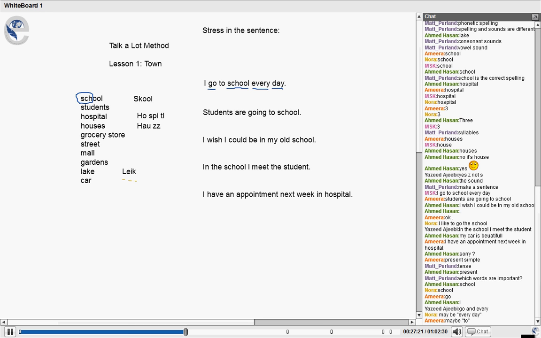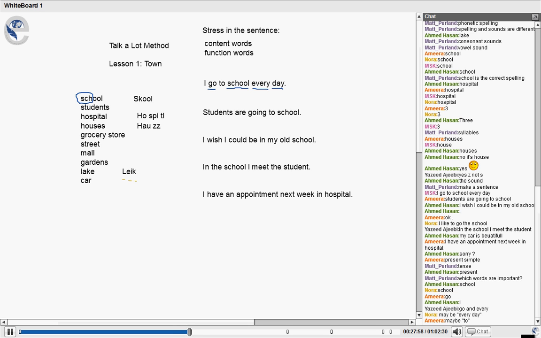Okay. In English, we can separate words in the sentence into two different groups: content words and function words. Content words are things like go, school, every day. These words have the meaning in the sentence. These are things like main verbs, nouns, adjectives, adverbs, names, numbers.